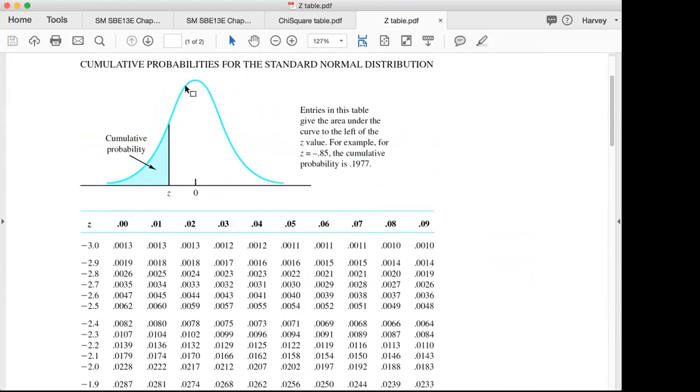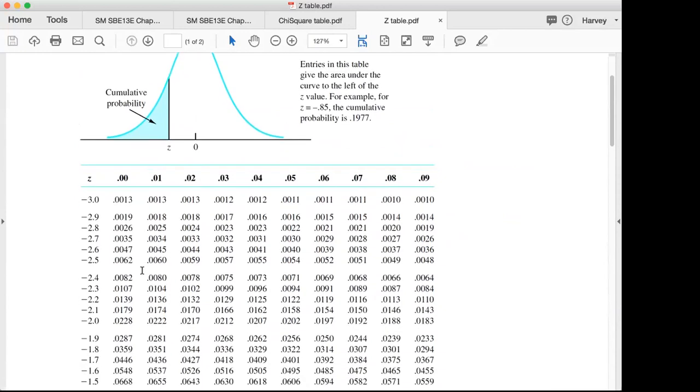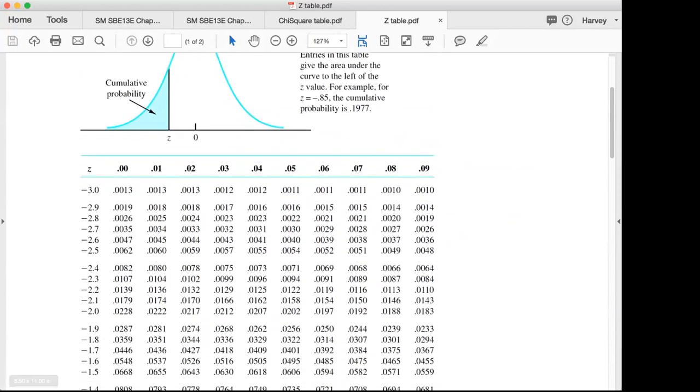So since we want the area in the tail, why don't we look up 1.56 over here? 1.56 right here gives us 0.0594. That's this area, which basically is the same area up here. So that's how we got the 0.0594 as the p-value. It's a one-tailed test, so that area is just the p-value. You don't have to multiply it by 2. Stop that, share.